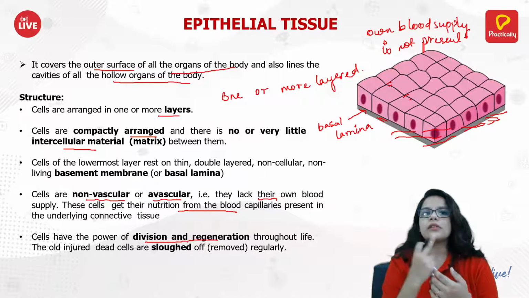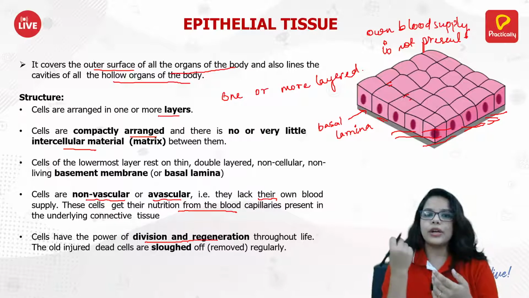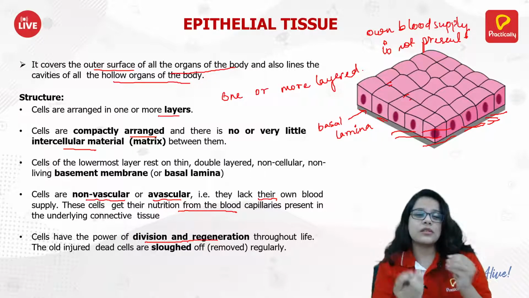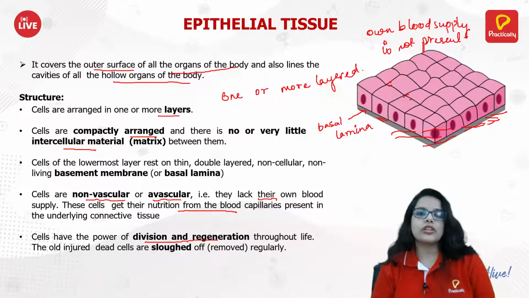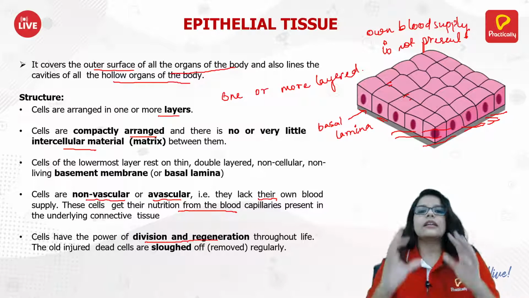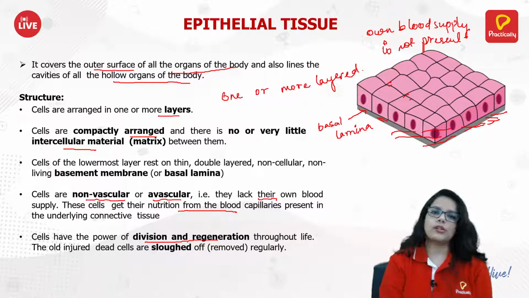Even in your lips, you can feel the layer going off, right? And then you put some balm and it comes up. So this happens when it's dry. It's dead, it goes off, and there is a regeneration of skin. That is because epithelial tissue is present on these organs.